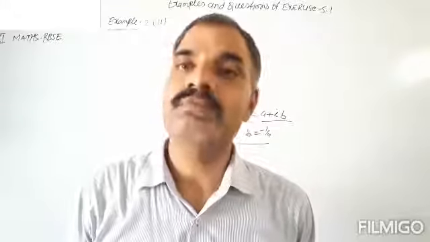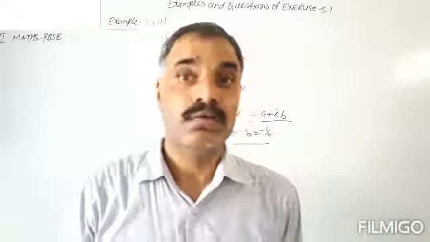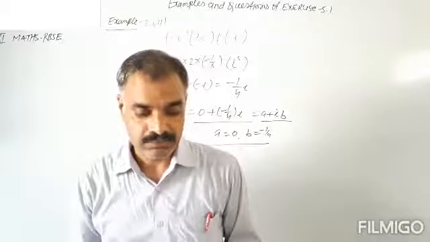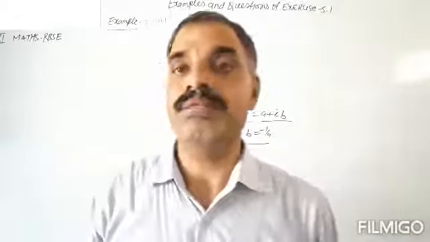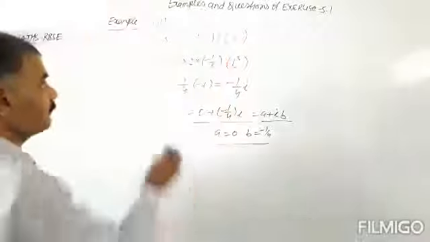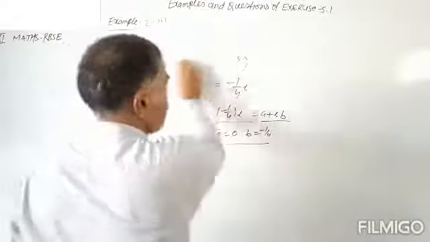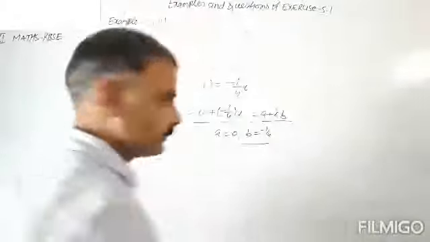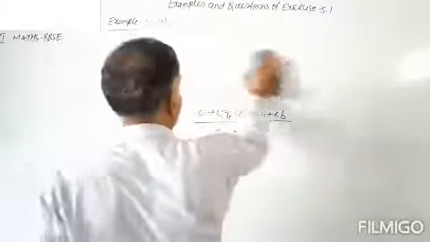Now example number 3: 5 minus 3 iota, whole to the power 3.